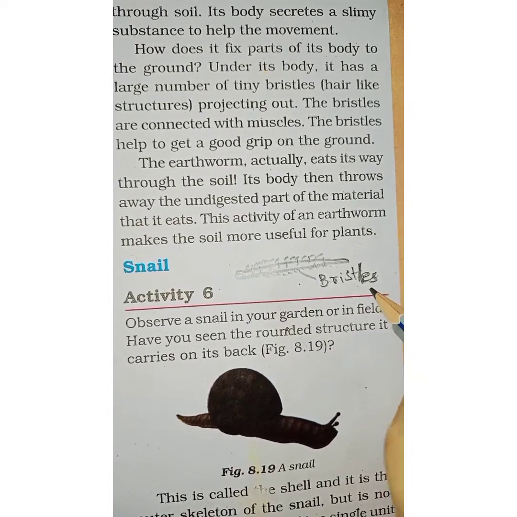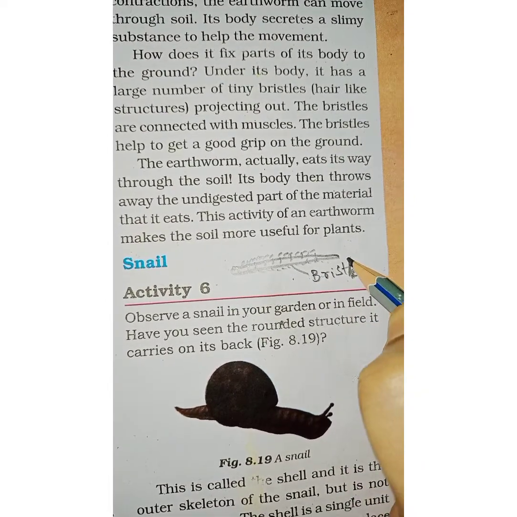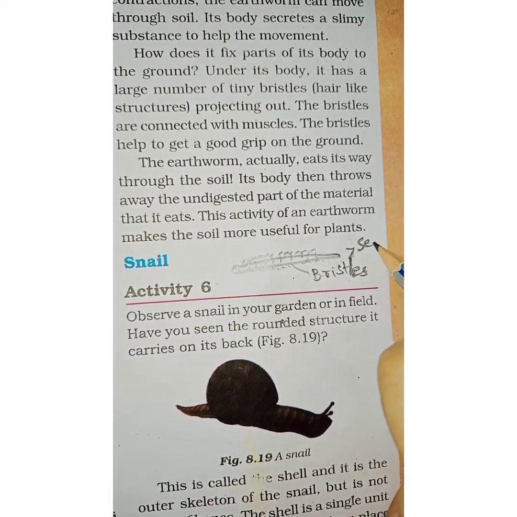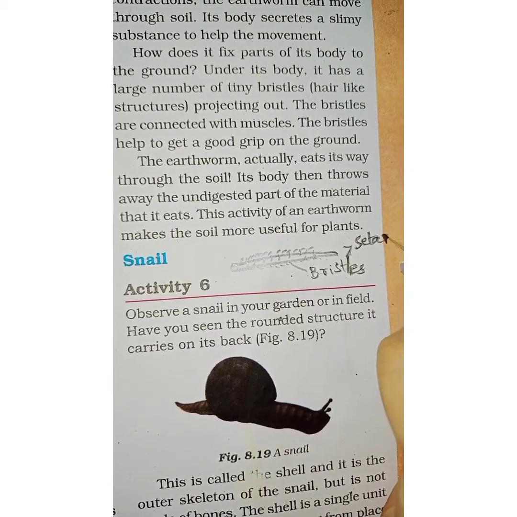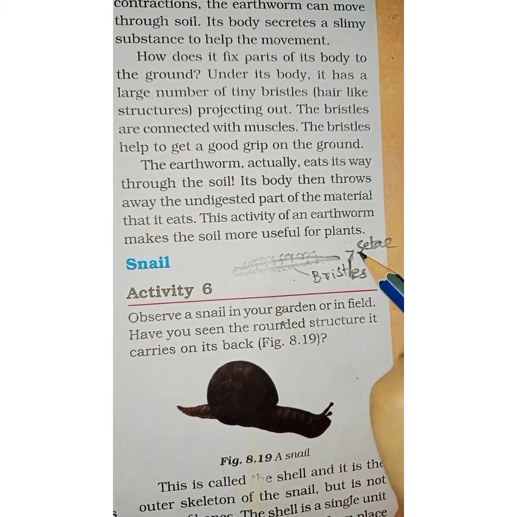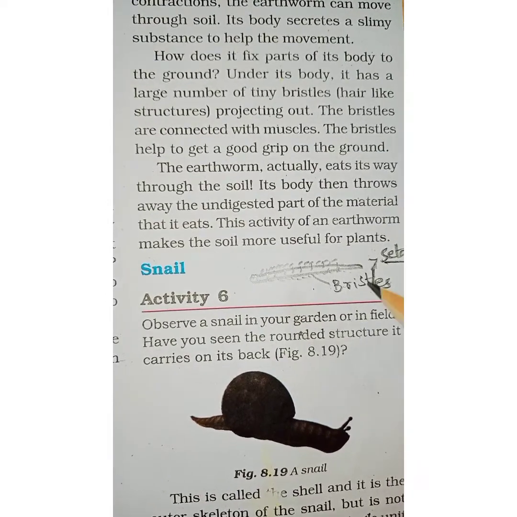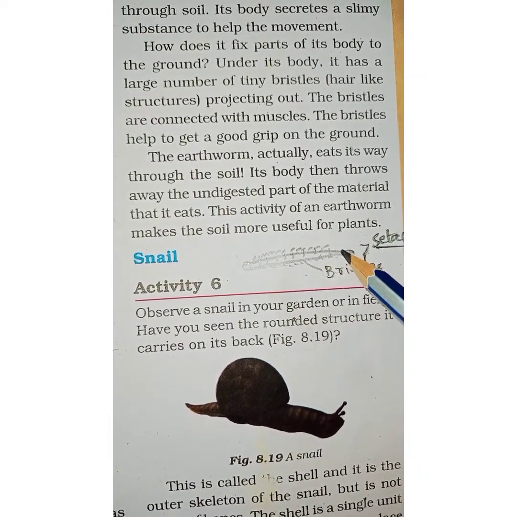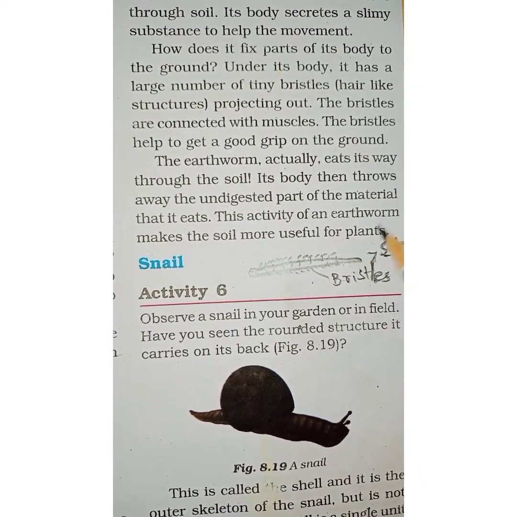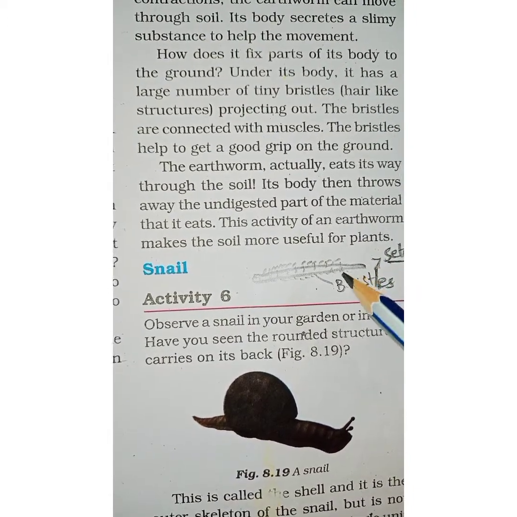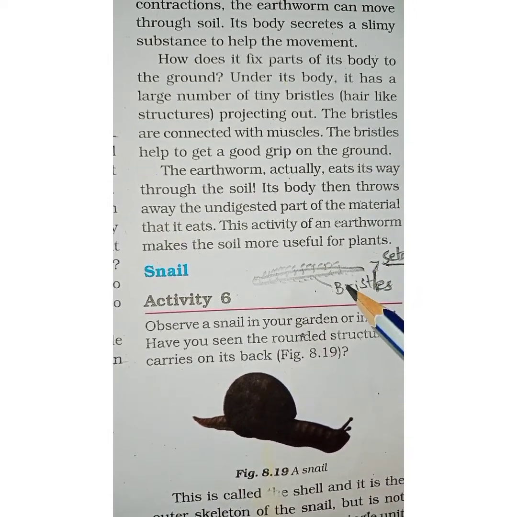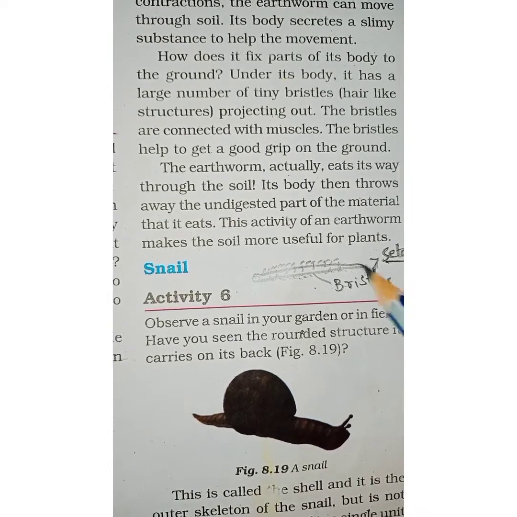These tiny hairs are known as the setae. These are nothing but the setae. This is what is helping the earthworm to fix itself to the ground, and this is what is giving the grip, a good grip we can say, to hold itself on the ground.